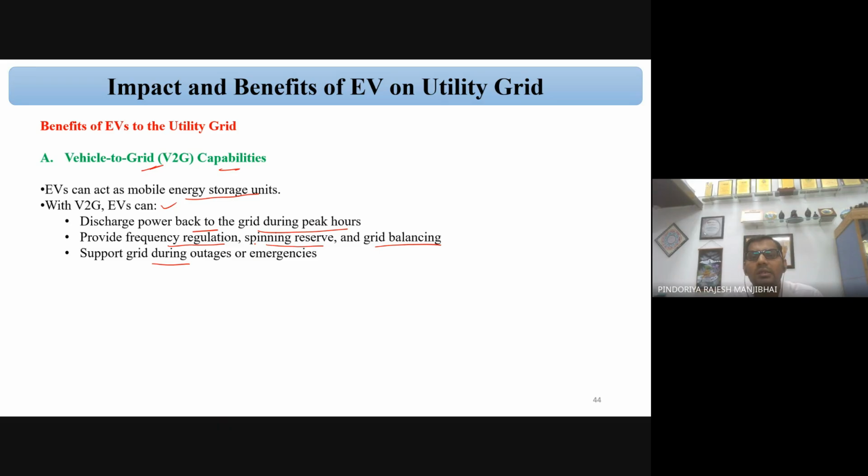Suppose we have more power in the battery, we can directly feed it to the grid. That is V2G and G2V technology: vehicle to grid and grid to vehicle. In grid to vehicle, we normally charge our vehicle, and in V2G, whatever energy we have, we can feed to the grid.